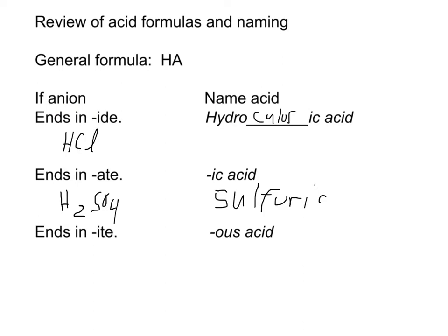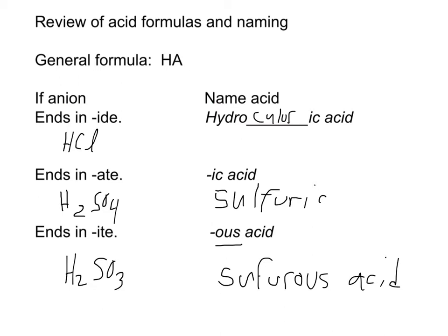And then the third one are ones that end in ite. So we could go with sulfite, H2SO3, hydrogen sulfite. That's going to be the stem paired with the suffix ous, so this is going to be sulfurous acid. And there's some other ones as well, but these are probably the three most common ones.